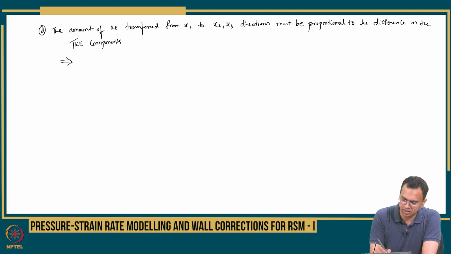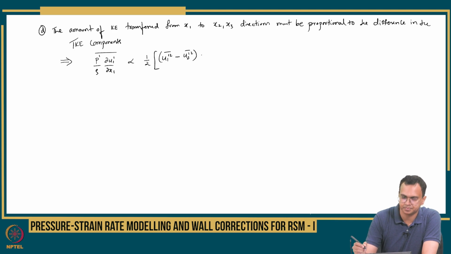What does this mean? I have p'/ρ ∂u1'/∂x1 average. This should be proportional to the difference, that is half of u1'² minus u2'² plus u1'² minus u3'².